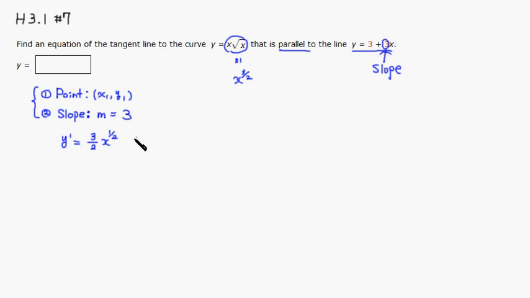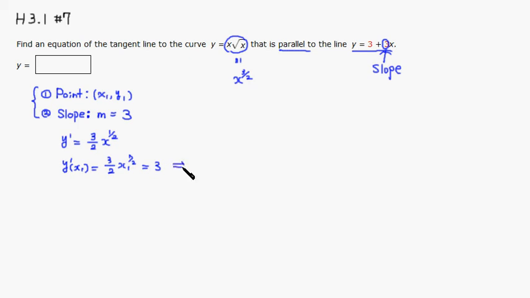Wherever x1 is, in order to find the slope, we plug in x1. So you have 3 over 2 times x1 to the 1/2 power, but we know that this is equal to 3. So we can solve this equation for x1.